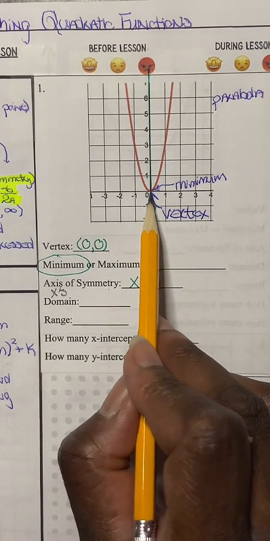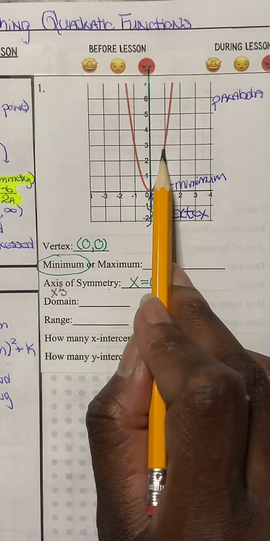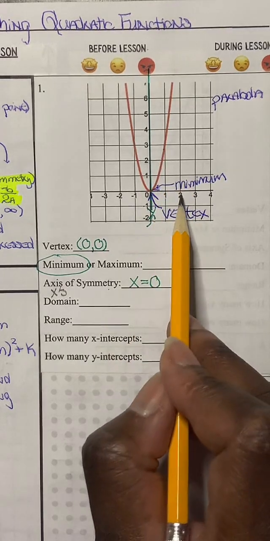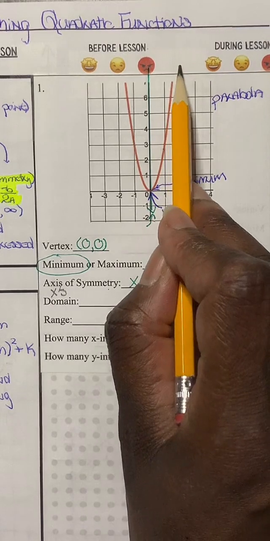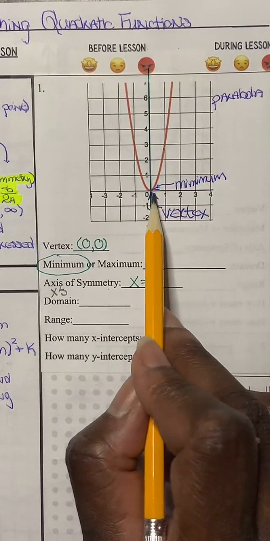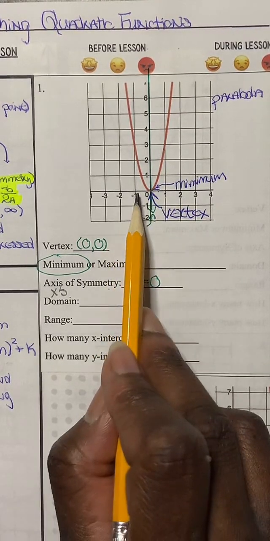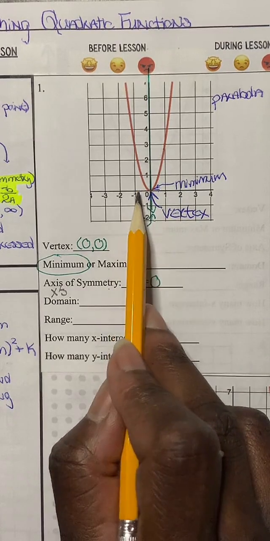So your domain is like, if I went to 1, I can go up and I found a point on that graph. If I go to 2, I can go up. And eventually, it's a little bit off, but I could go to a point on that graph. If I wanted to go to 0.5, I can go and hit a part on that graph. And same thing happens with the negatives.